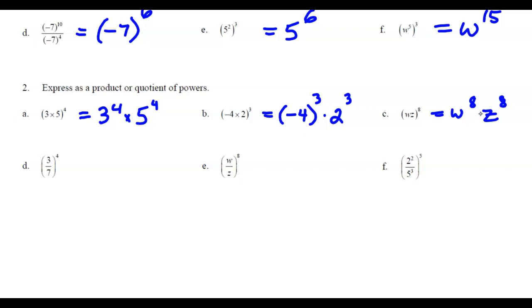Okay. Now some fractions. So again, here, that's going to be 3 to the 4th over 7 to the 4th. You're just applying that exponent to everything in the brackets. W to the 8 over Z to the 8.